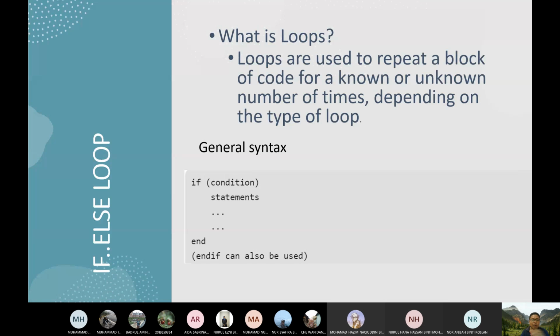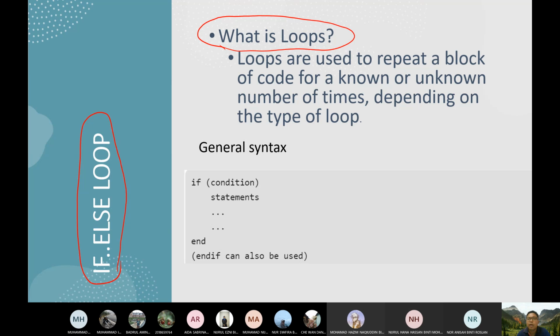Next is to know about loops. The first loop that we want to cover is the if-else-if loop. And before we study the if-else-if loop, we have to know the definition of loops. So what is a loop? I think most of you know about C++.